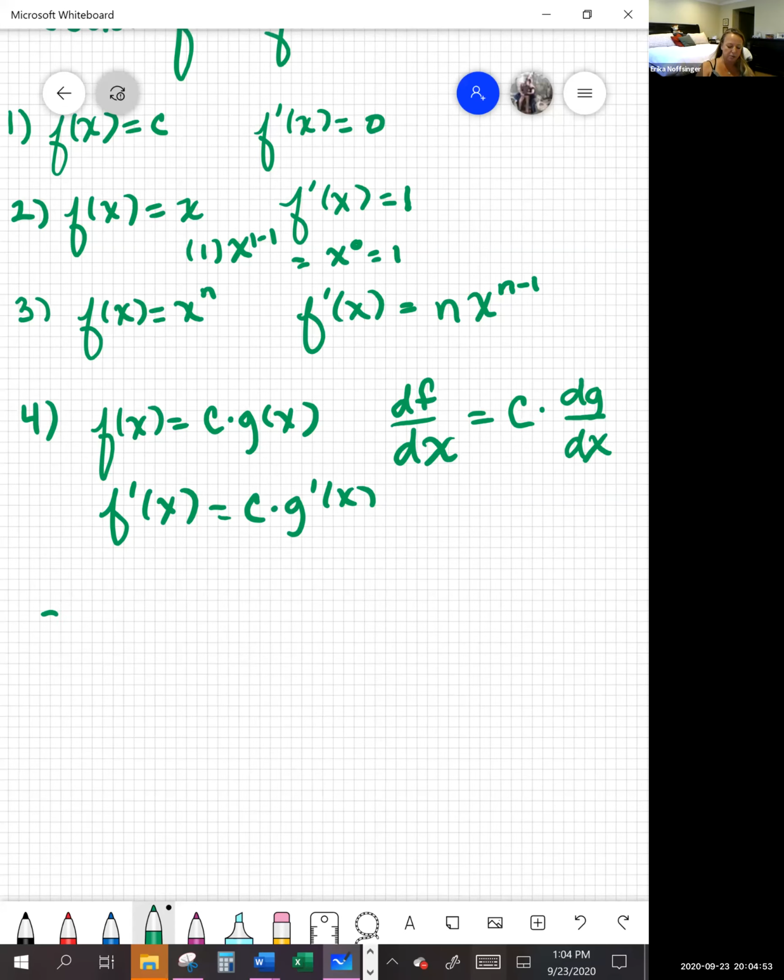Actually, before I tell you the product rule, that was one of them I wanted you to see if you remembered. So if you have a function f of x equal to some function g of x times h of x, anyone remember what the derivative was?